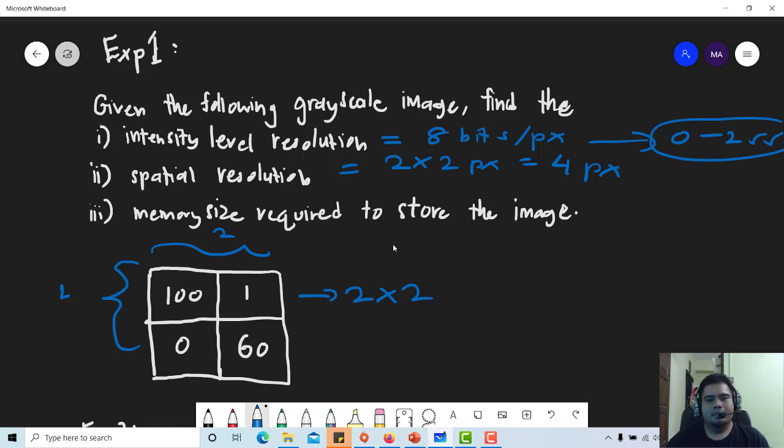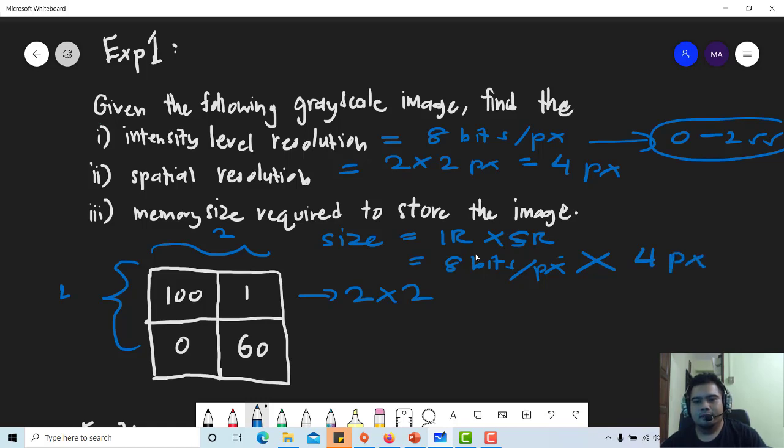The size is equal to the intensity level resolution, IR, times the spatial resolution, SR. So it is equal to 8 bits per pixel times 4 pixels.